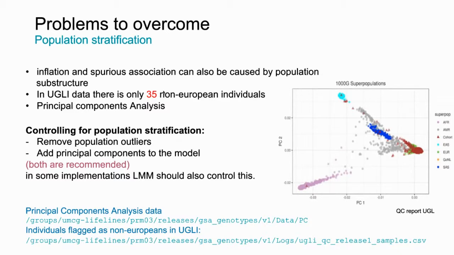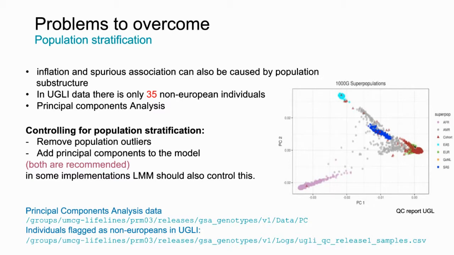And how you measure this is you do a principal component analysis. Principal components are a way to measure the variability of a data set, in this case the genetic data. If you look here, for example, this is actually UGLI data directly.